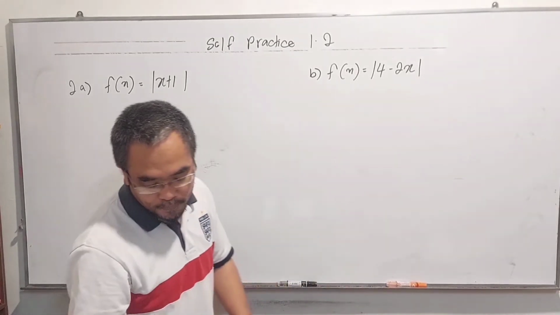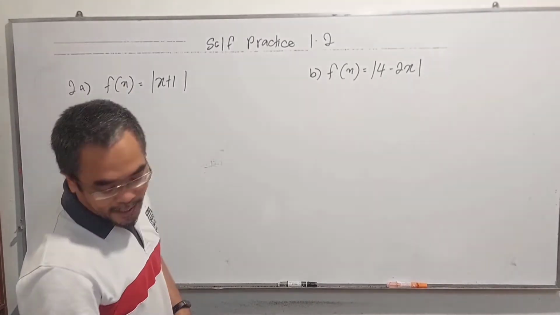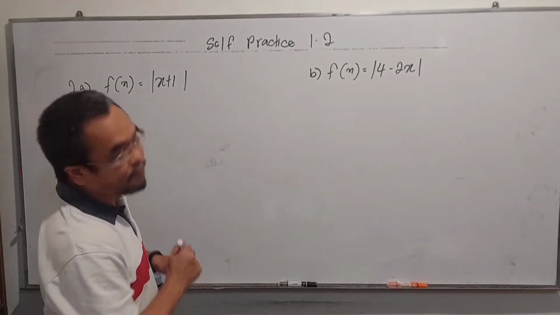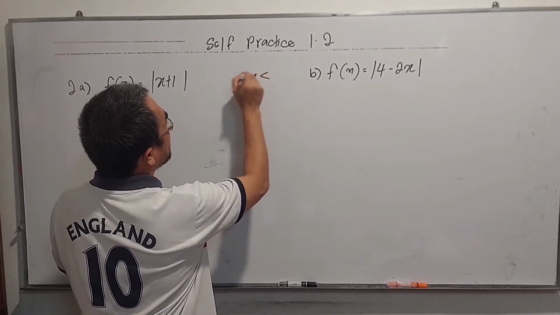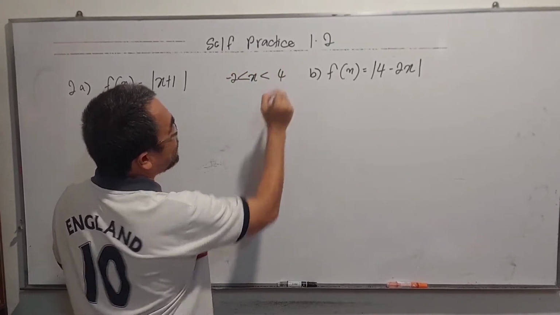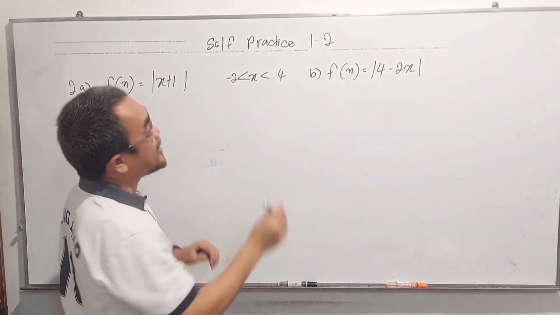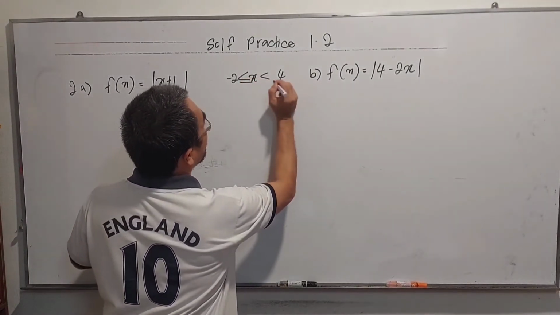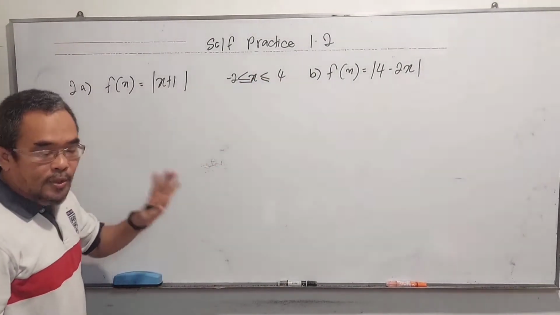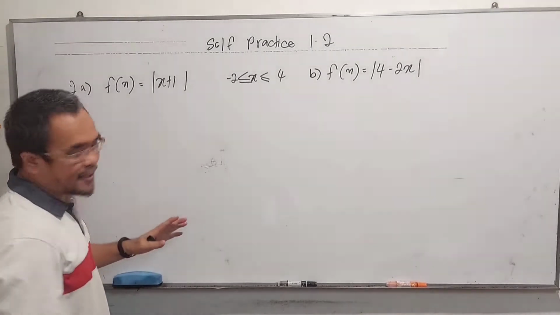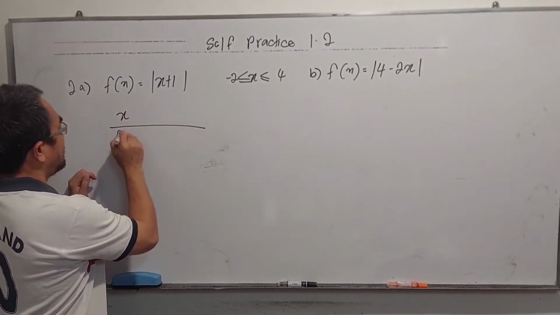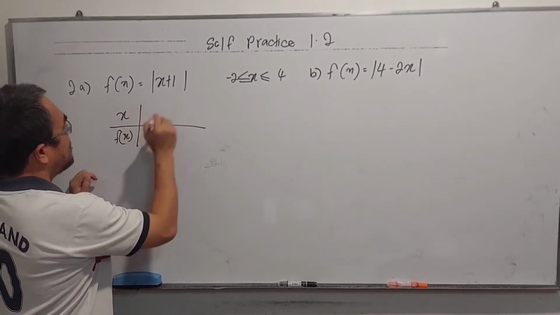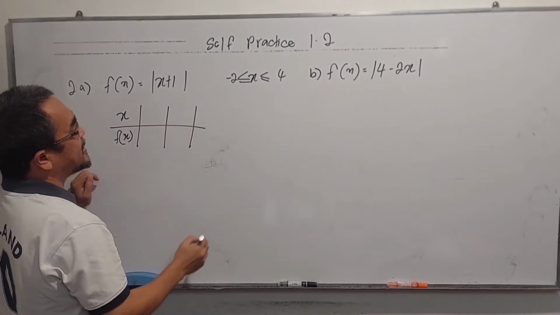So what I'll do, first look at the domain, that is -2 until 4. The domain for x is between -2 and 4, including -2 and 4. Okay, so the table that I will create is just x and f(x), but I'll just take 3 values.